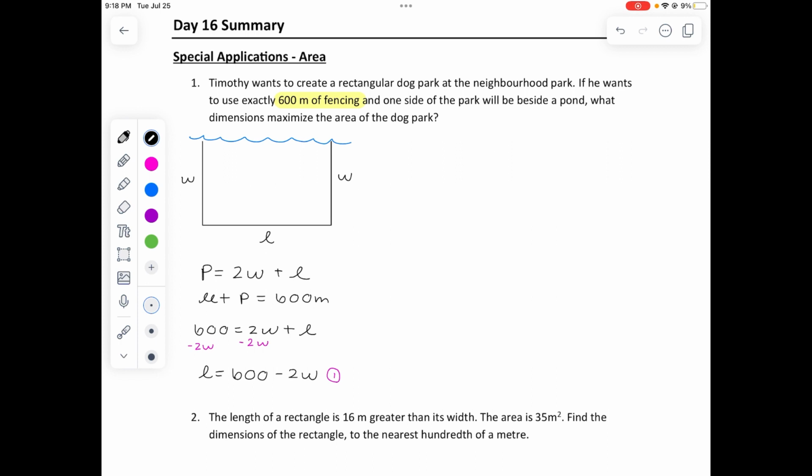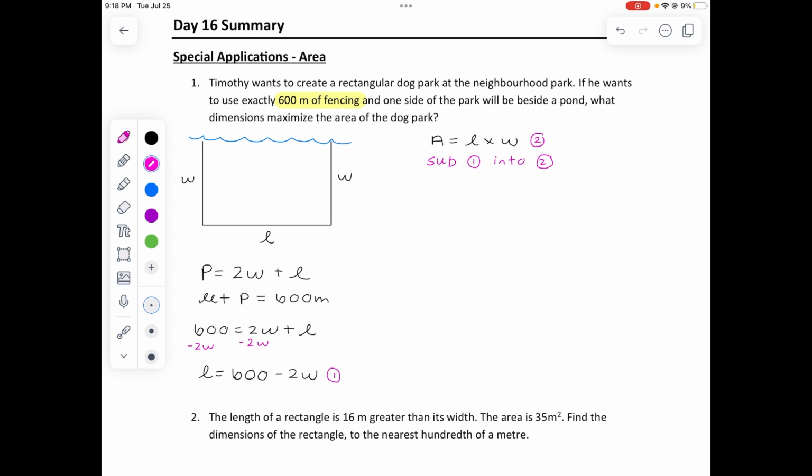So now we want to maximize the area of the dog park. So we know that area of a rectangle is given by length times width. So if we call this equation 2, we're going to sub equation 1 into equation 2, or you could just write sub L into this equation.